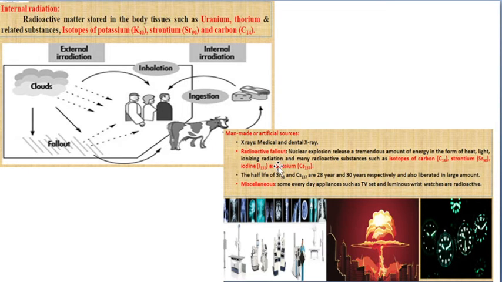Then radioactive fallout: a nuclear explosion releases a tremendous amount of energy in the form of heat, light, ionizing radiation, and many radioactive substances such as isotopes of carbon, strontium, iodine and cesium.